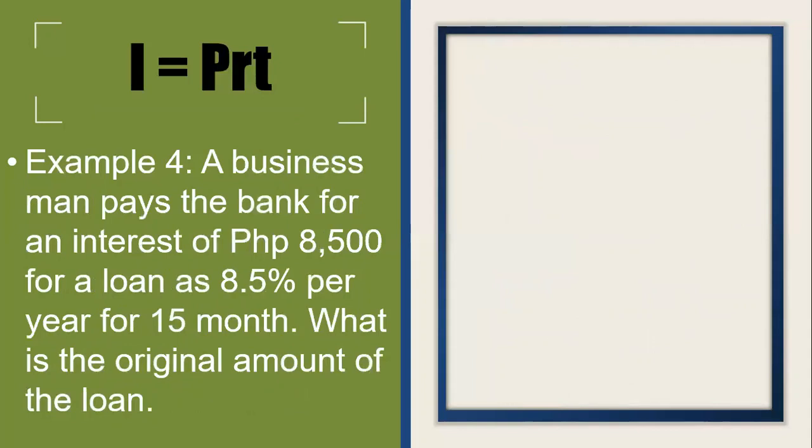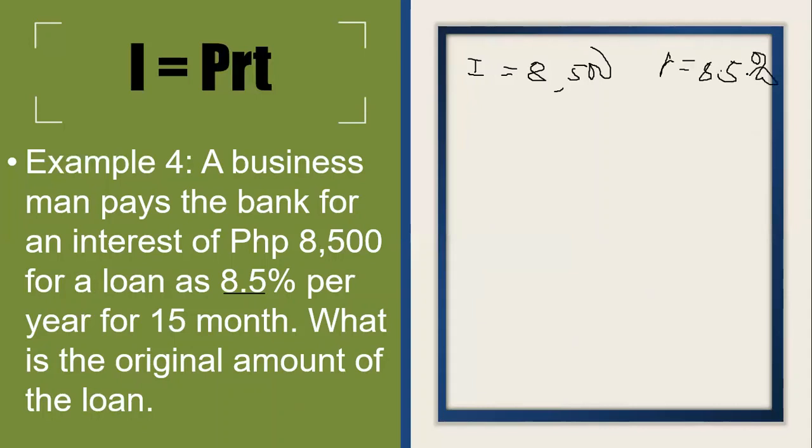Example number 4, a businessman pays the bank for an interest of 8,500. So we have our I, which is 8,500 for a loan at 8.5%. Our rate po is 8.5%.